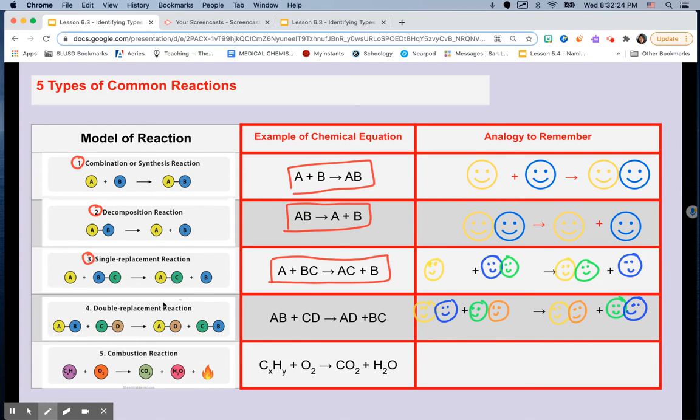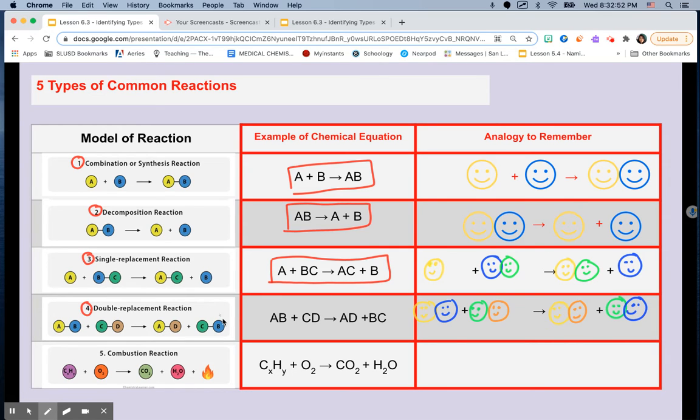And if you think of a double replacement reaction in terms of relationships, that's our fourth type, you can kind of imagine what's going on here, right? So A and B are in a couple together, and C and D are in a bonded relationship together. And what happens when these two couples combine together?